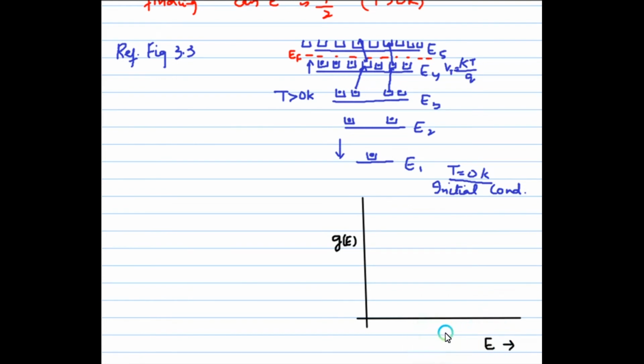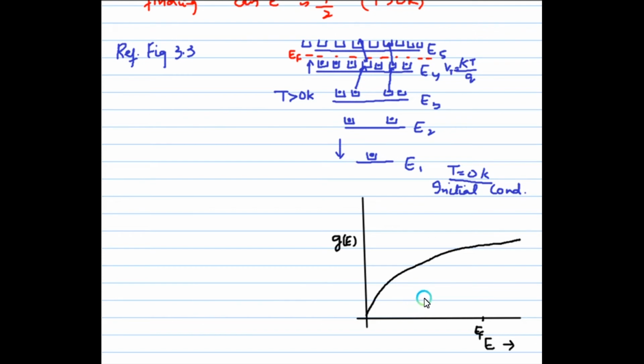So we know that the density of states varies as the square root of energy, so it will be somewhat like this.